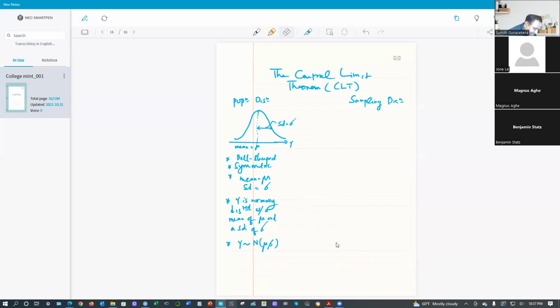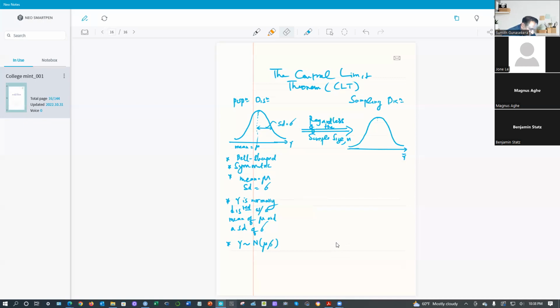They say that if the population distribution is this one, your sampling distribution of y bar is also normally distributed, regardless of the sample size n. Whether it's large or small doesn't matter.